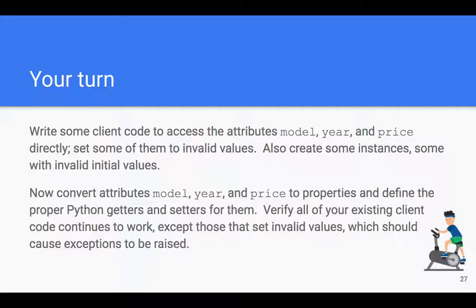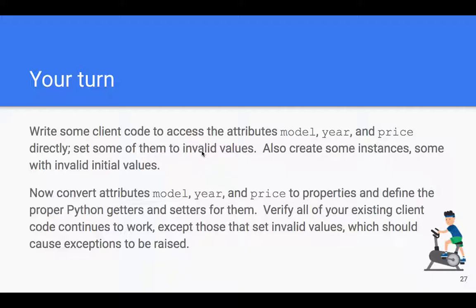Alright, so after you see this, you should really try to practice a little bit on your own. There are a few other attributes in this piece of the car code, the car definition: there's the model year and there's also the price. I suggest that you write some client test code to either read or write these attributes directly.